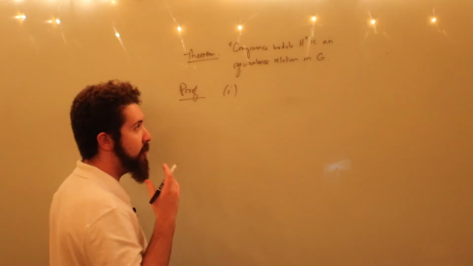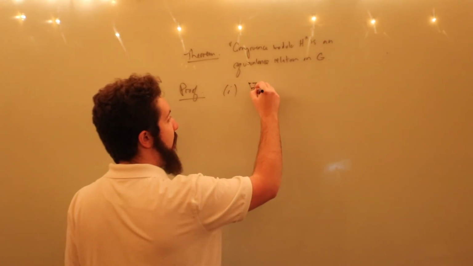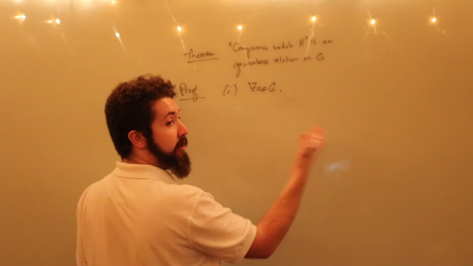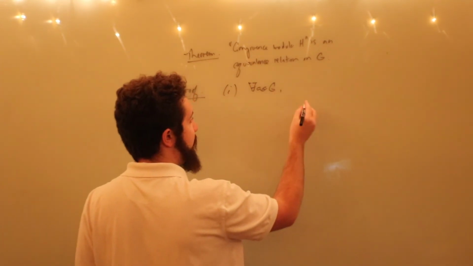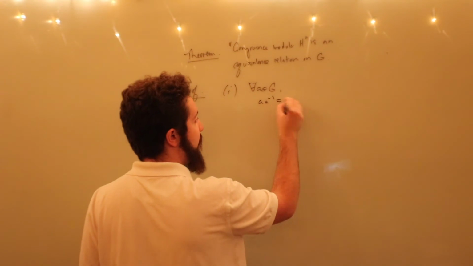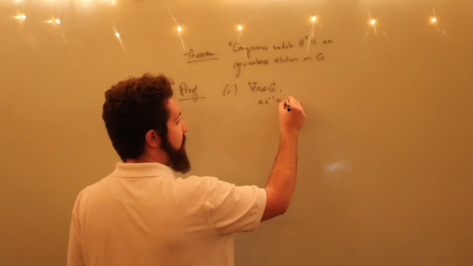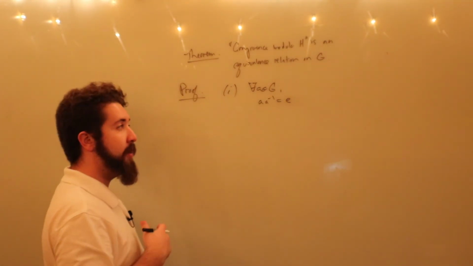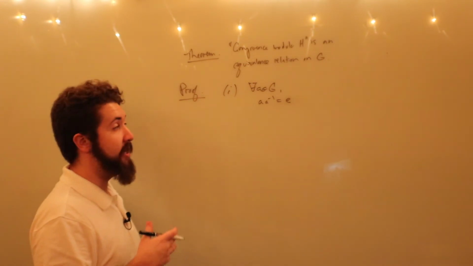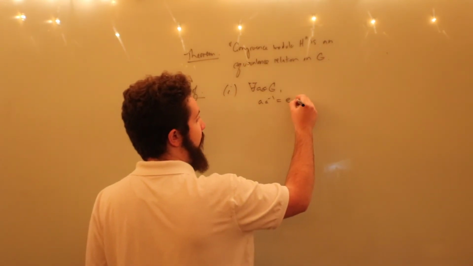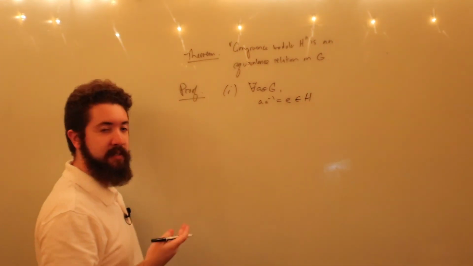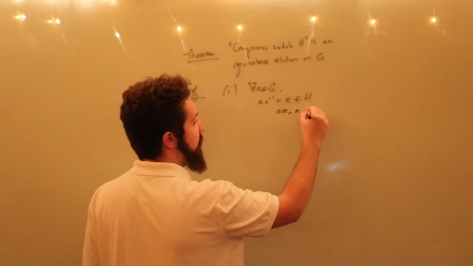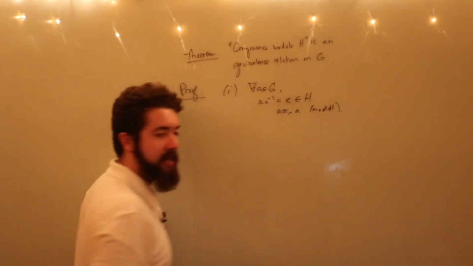So first, we've got to show that for all A in G, A is right congruent to A. Well, for all elements A in G, we do know that A times A inverse, which has to exist because we're in a group, is equal to the identity of the group G. But the identity of G has to also be, by uniqueness of the identity element, in the subgroup H, so that A times A inverse is in the subgroup H, and by definition then, A is right congruent to A mod H. So we have that it satisfies the first axiom.